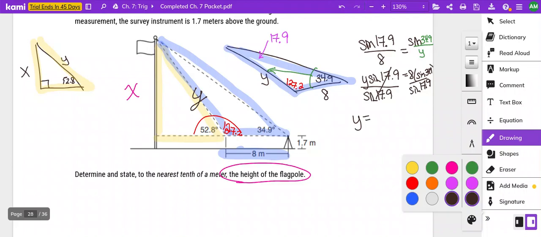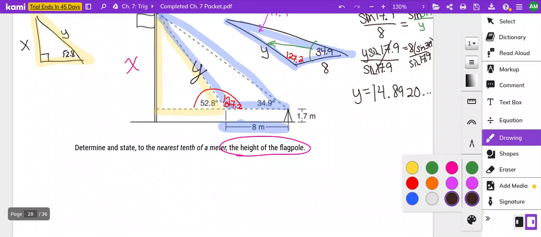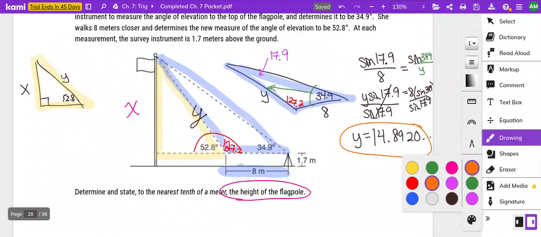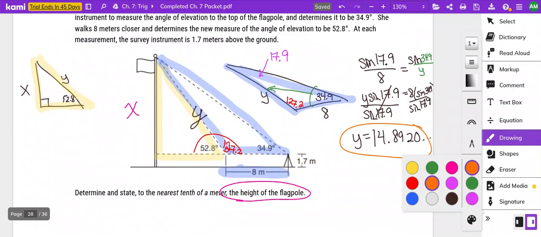And I get 14.8920. We love that because now that I have a value for y, I can put it over here in this triangle.